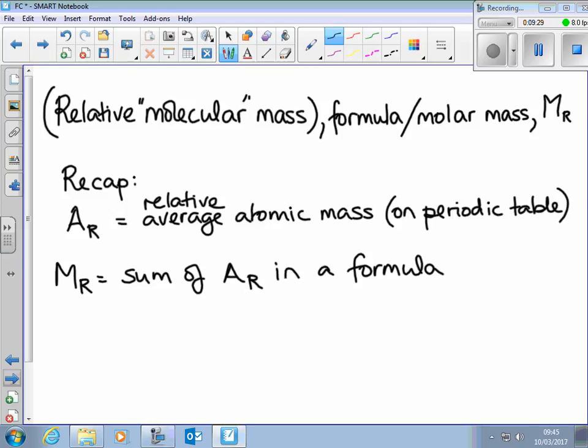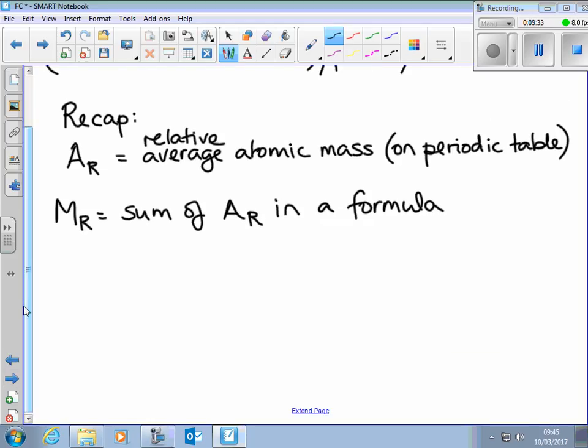Okay, off your own periodic tables then. The relative atomic mass, let's take for hydrogen. What does it say on your periodic table for that? How many people have got 1.008?